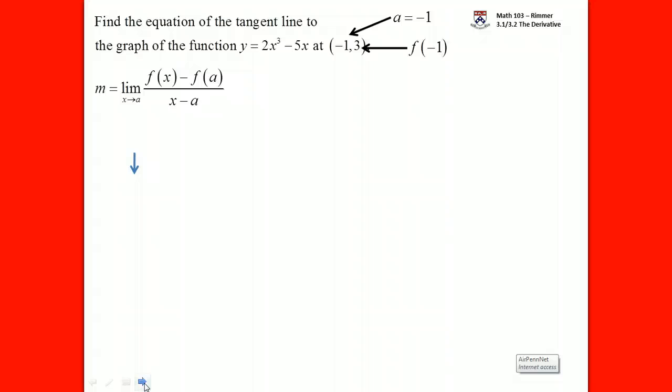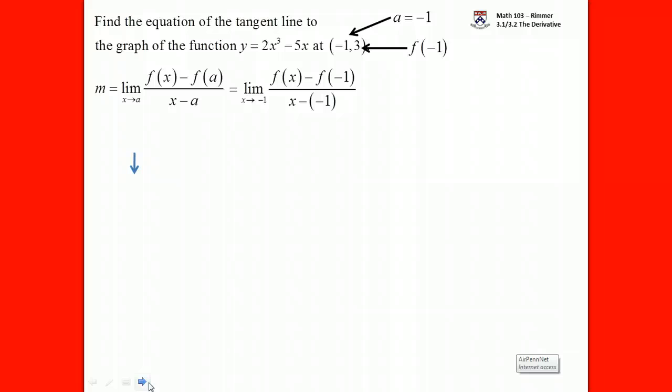And what's a? A is that anchor point where you have the tangent line drawn at. A is an x value. So for us, a is -1. That's where we're interested in having the tangent line being drawn at. So a is -1. All right, great. So we can replace the a's with -1s.